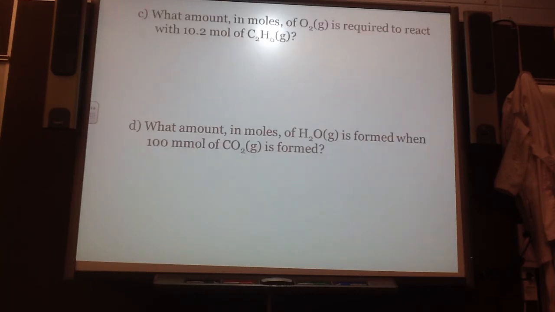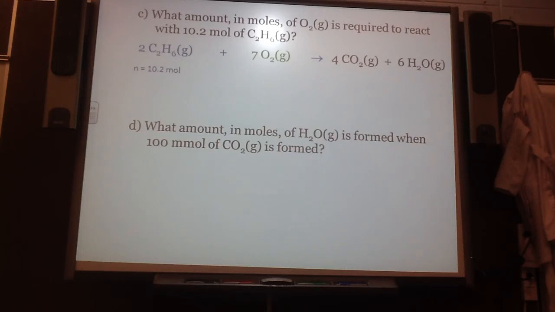We're good? Okay, how about this one? What amount in moles of O2 is required to react with 10.2 moles of ethane gas? We still are assuming a combustion reaction here, so you're using the same formula. You know that you have 10.2 moles of ethane gas, so write that down underneath the ethane. That's your given.